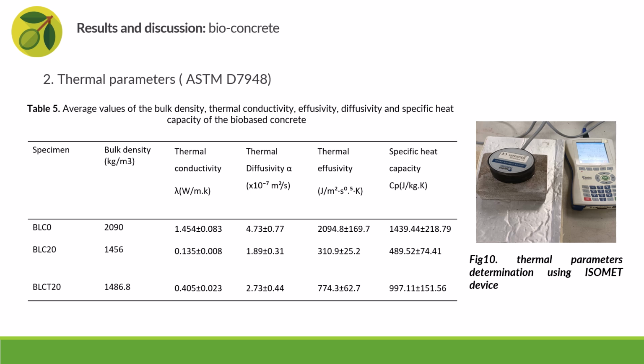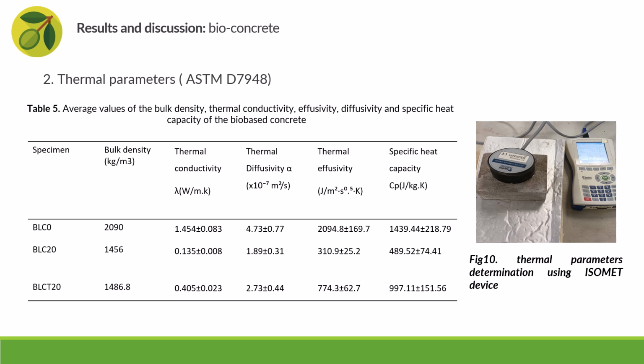This very low value is a direct result of the high porosity and fibrous nature of the olive husk, and it highlights the strong insulation capacity of this composite. Consistently, diffusivity and effusivity are also much lower, confirming that this material both conducts and exchanges heat very slowly.